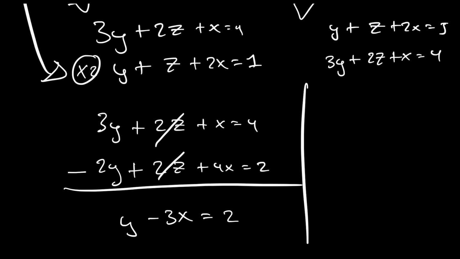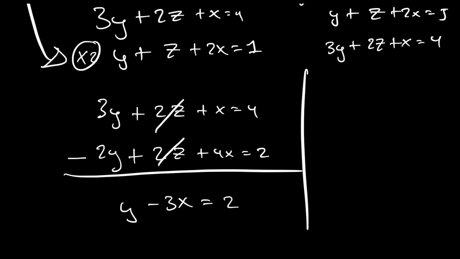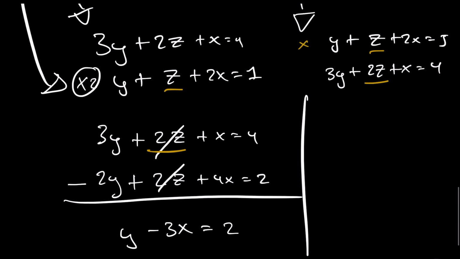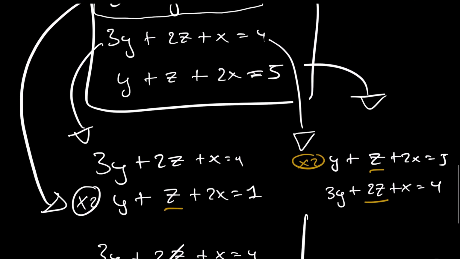Sorry, if we're going to be canceling out, we have to cancel out the same variable in both. So if we canceled out z here, we have to cancel out z here too. So we're going to multiply the top one instead of the original substitutor.